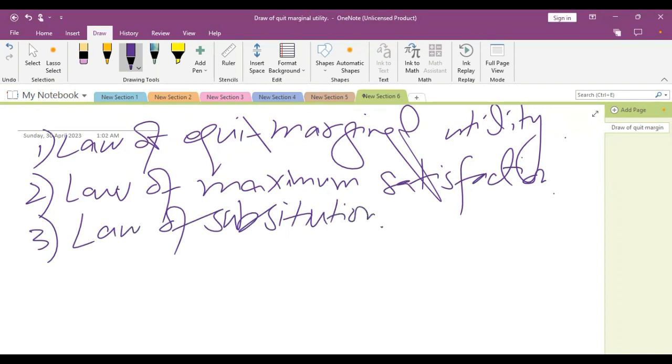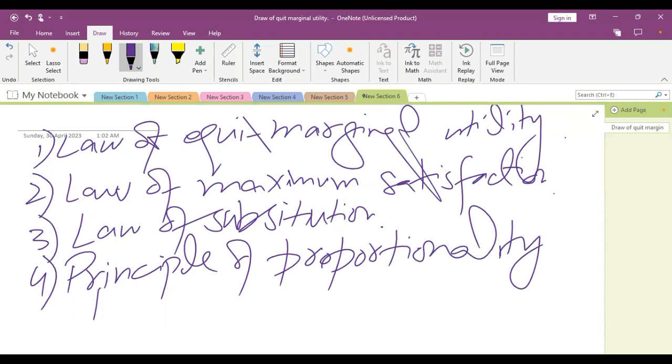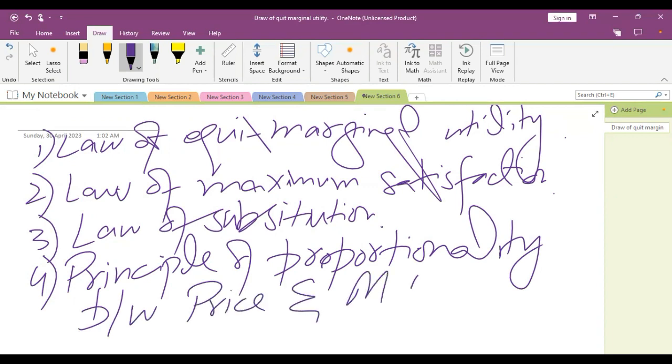Fourth name that the examiner can also use in exams is principle of proportionality between price and marginal utility.